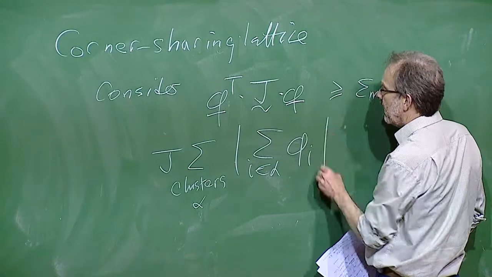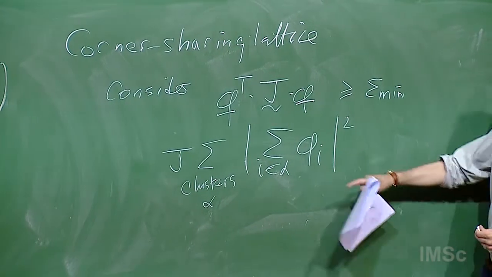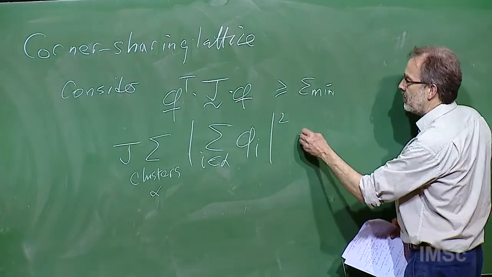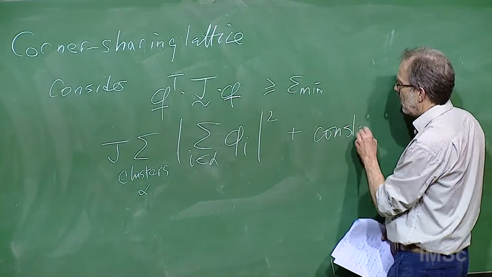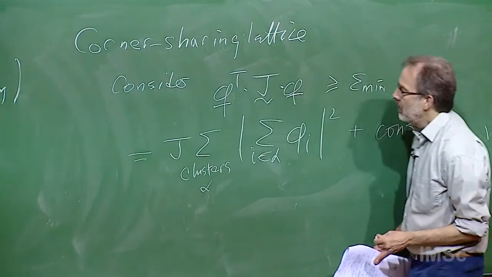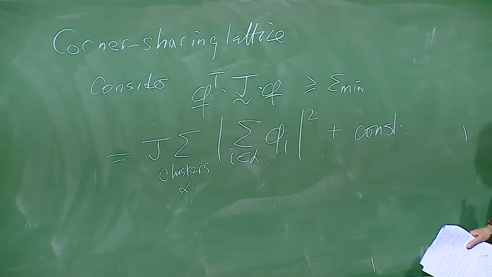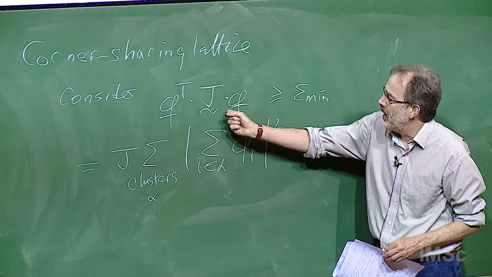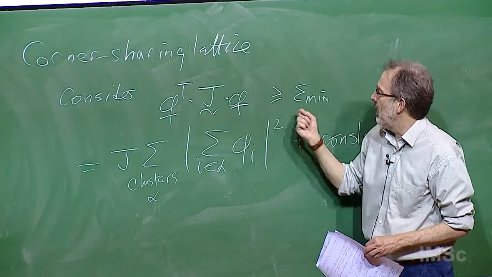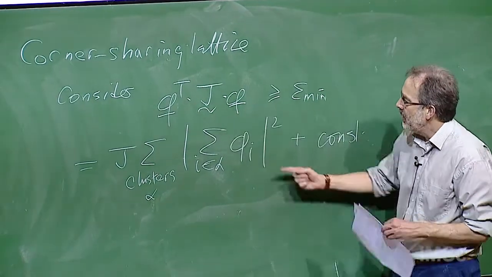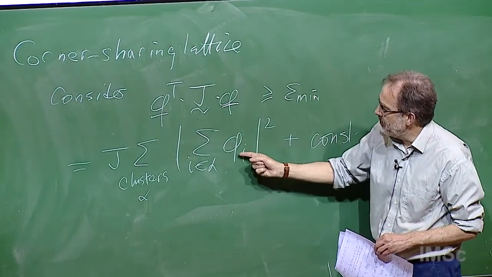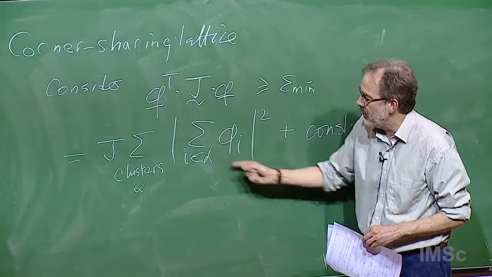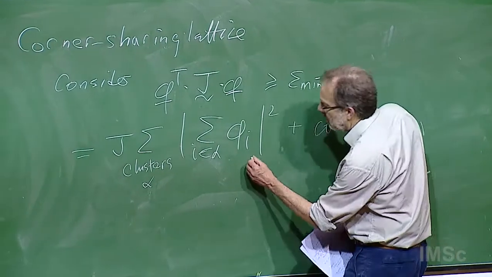And then we get some diagonal terms here which are not included there, but they just give us a constant. So what we get from this is that the minimum value of this quantity is achieved when the sum of the phi's over the sites on every cluster is 0.